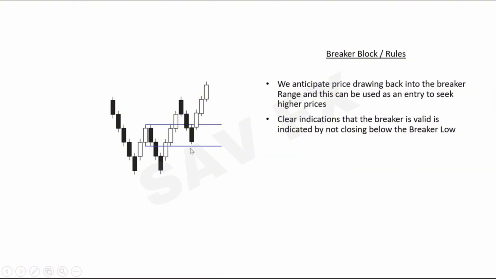Because if that happens, it tends to indicate that this was just a sweep of buy side, and then price could potentially continue drawing lower. That's why, usually when price closes above, we anticipate some form of retracement back into a fair value gap, and then want to see price reject that area. Then we can execute a trade.